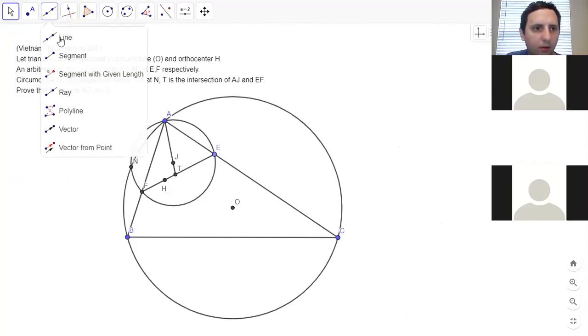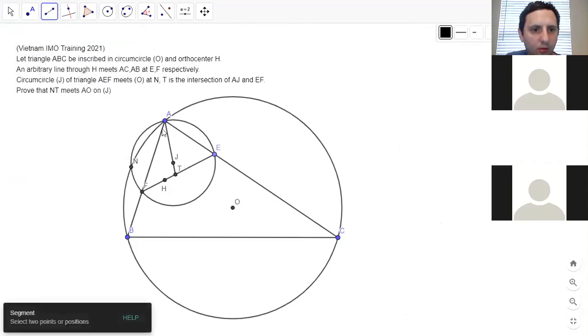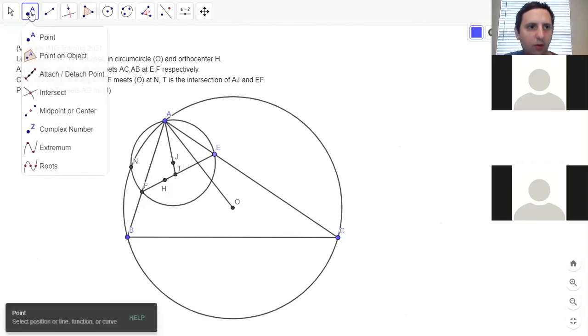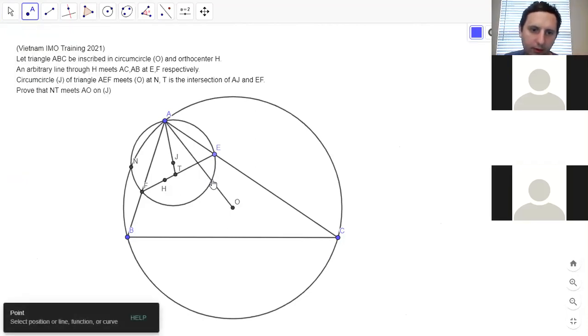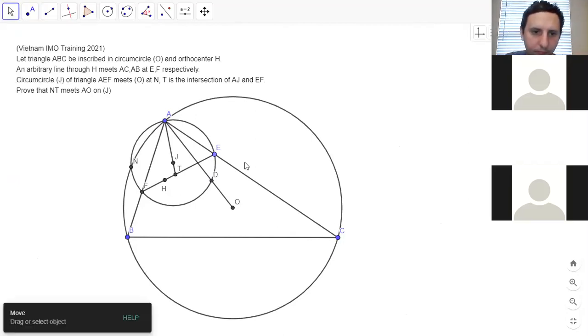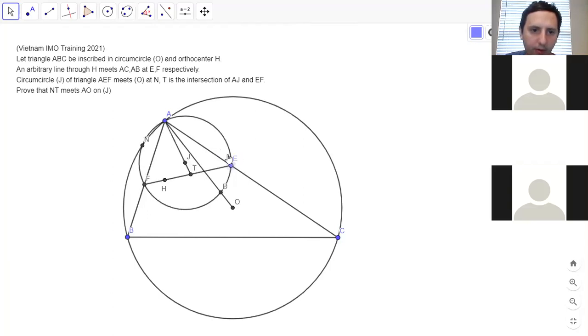Intersect AO with AEF, the circumcircle of AEF. Yeah. So we want to show N and T are collinear with that point. So it almost, okay, no, T is not the midpoint of EF.